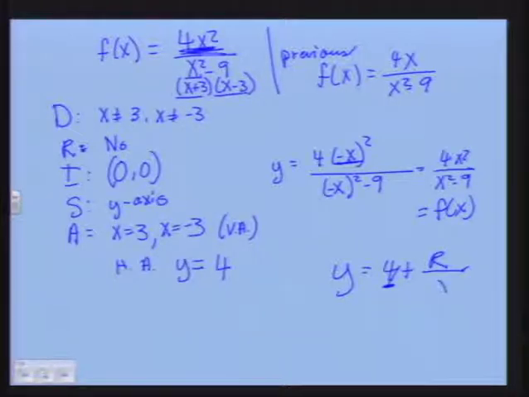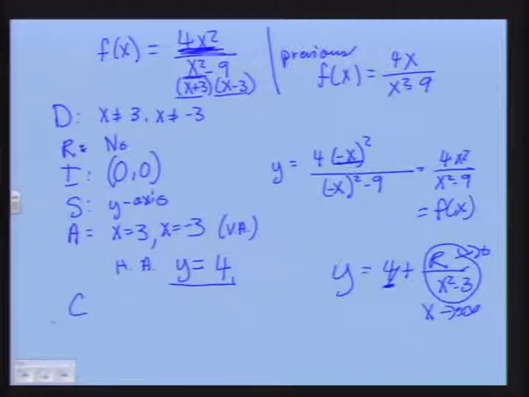So the remainder over x squared minus 9 will approach 0 when x approaches positive or negative infinity. So y equals 4. And I caught that by just dividing lead term by lead term, and it turned out to be a constant. So that was an easy one.